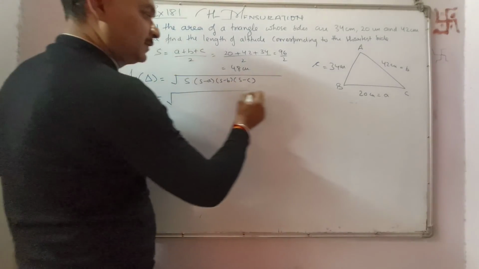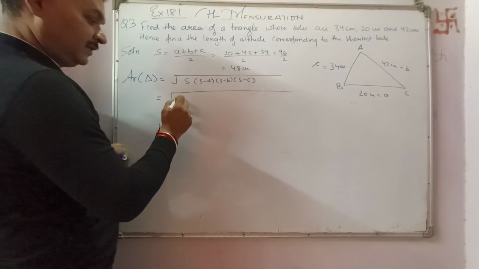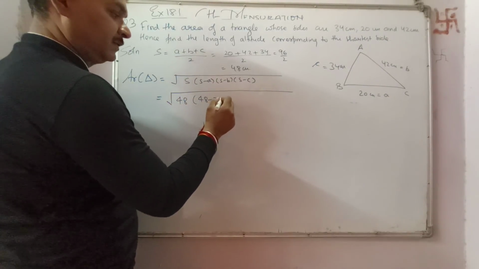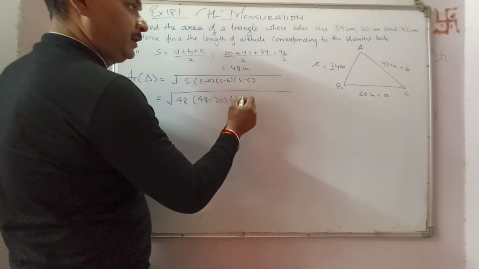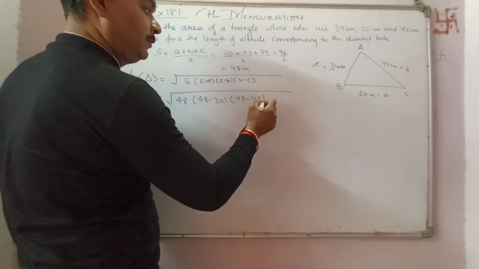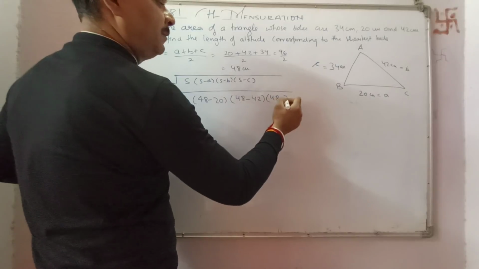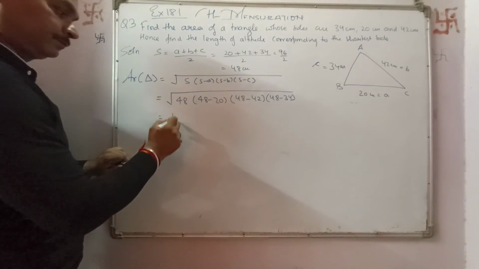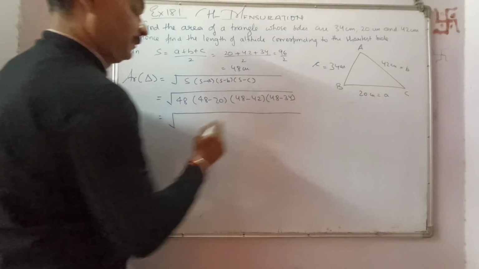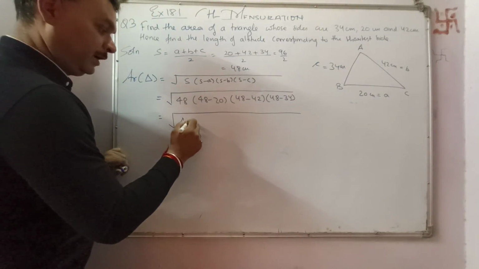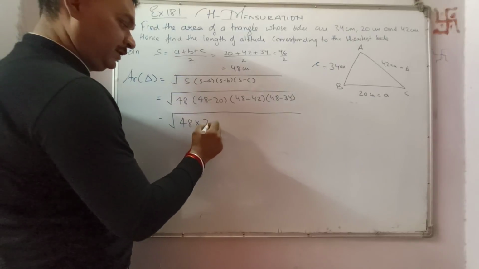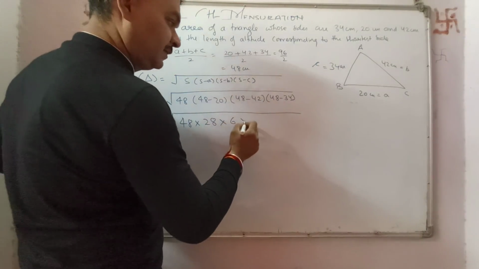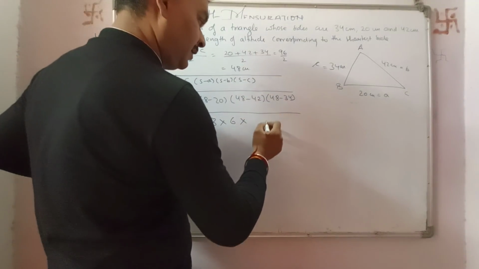Substituting the values, S is 48. So 48 minus 20, 48 minus 42, 48 minus 34. Now 48 minus 20 is 28, 48 minus 42 is 6, and 48 minus 34 is 14.